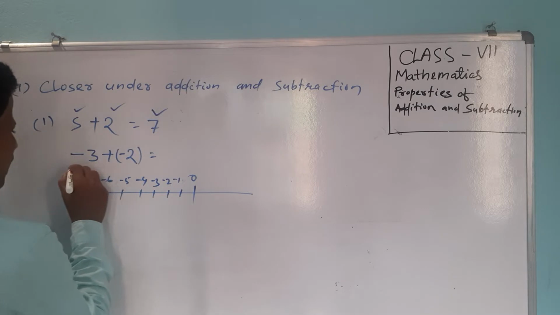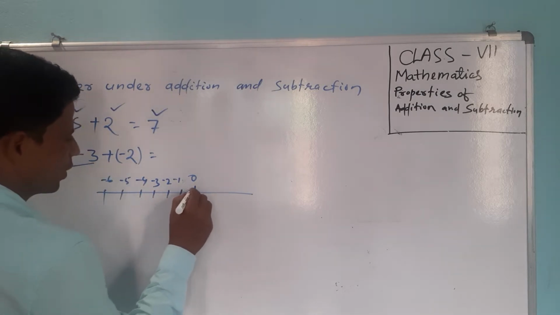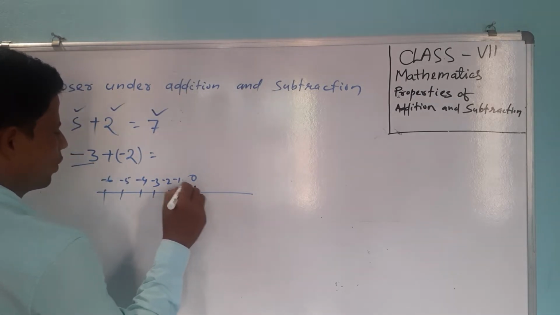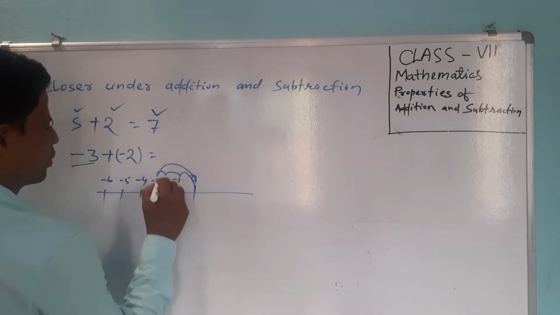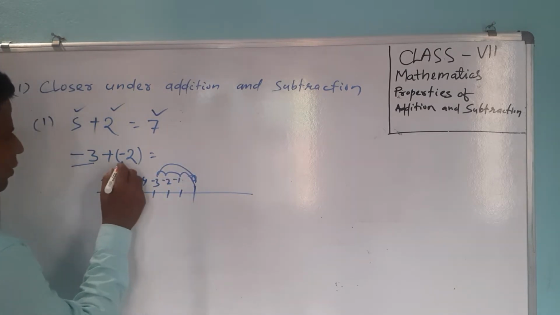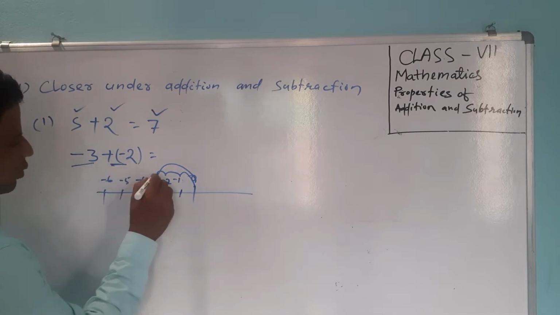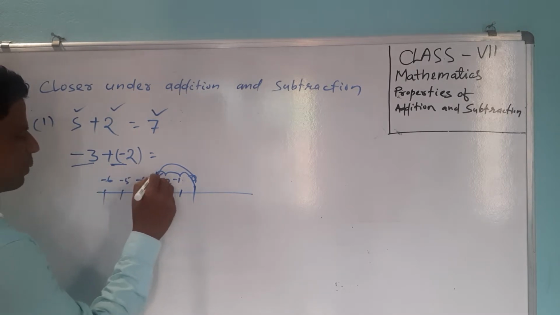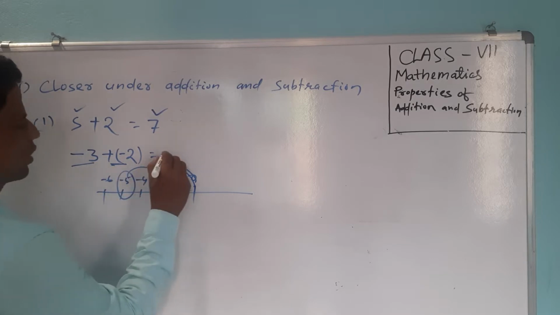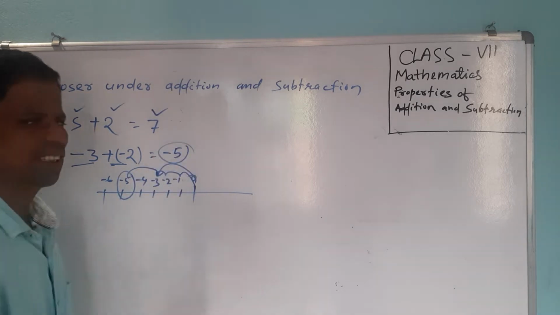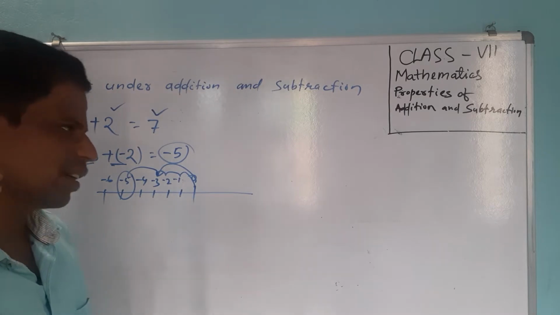First I will take 3, so 1, 2 and 3 means from here to here, the first line. Second, -2, again come to the left, 1 and 2. So -5 is the answer. So this is an integer.